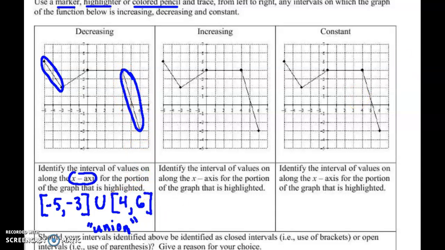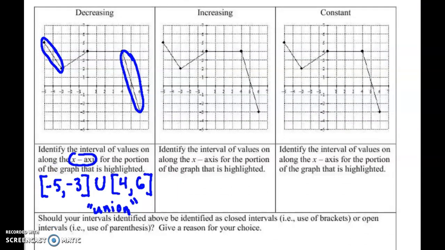Now, just so you know, you might see me write these answers with parentheses. I'm going to change colors because I've seen some math teachers, and there are arguments out there, from people who disagree with that. If you look at -3, it's decreasing to the left, but it's increasing to the right, which I'll get to in a second.